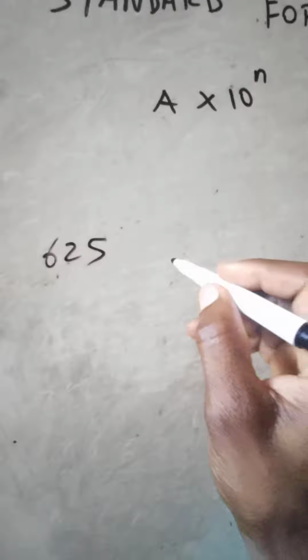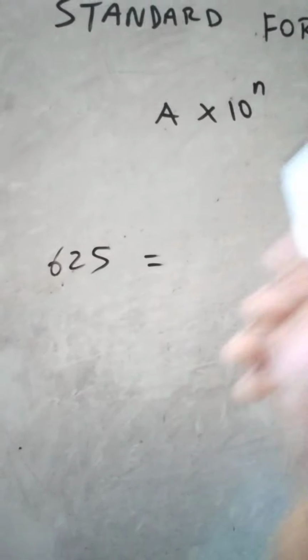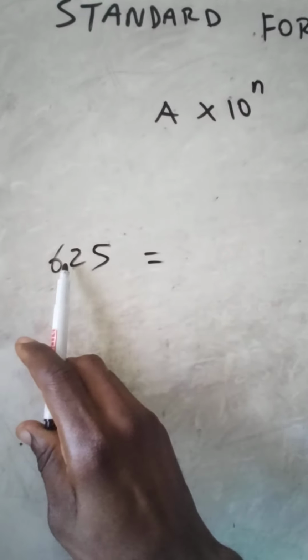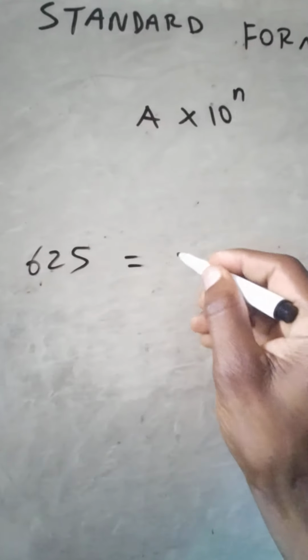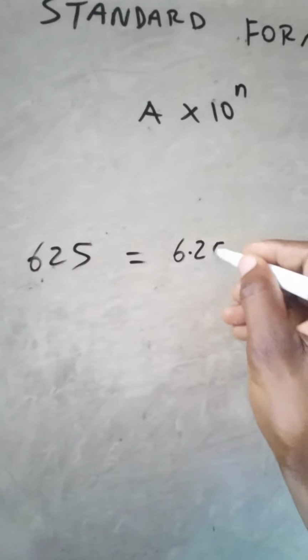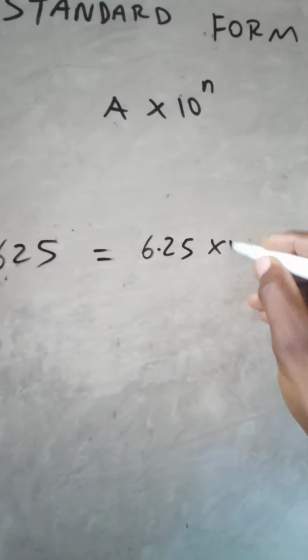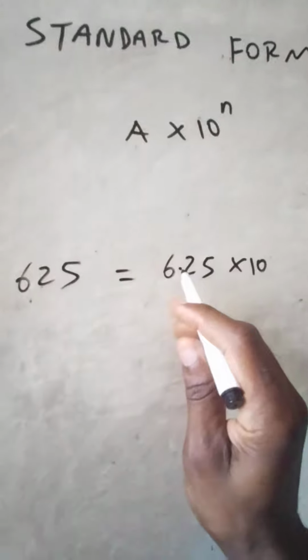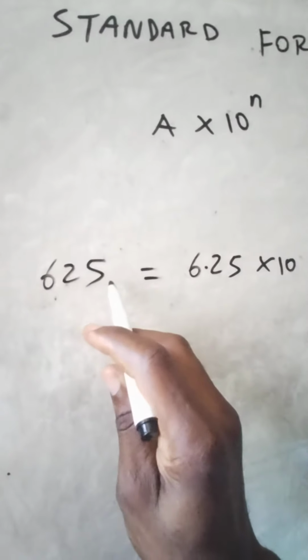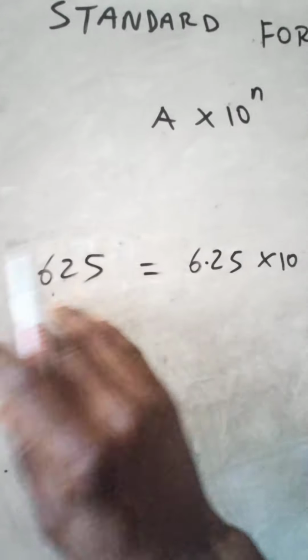So 625, written in standard form. Put the point after the first number between 1 and 10, which is 6. So 6.25 multiplied by 10. Let it stay like that for now. Then you say, okay, you move the point. The point is normally here in a whole number that doesn't have any point.